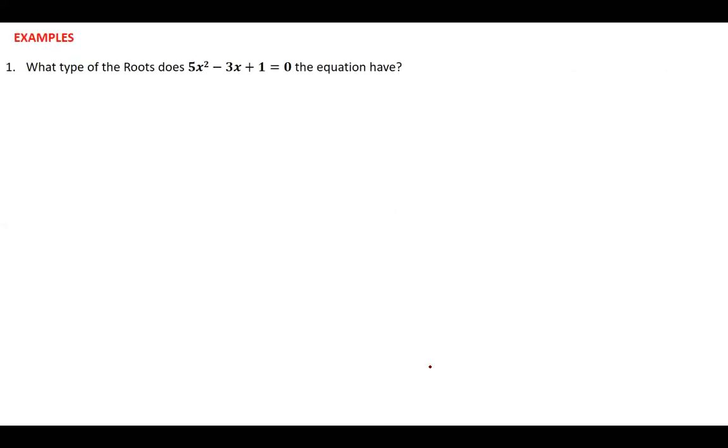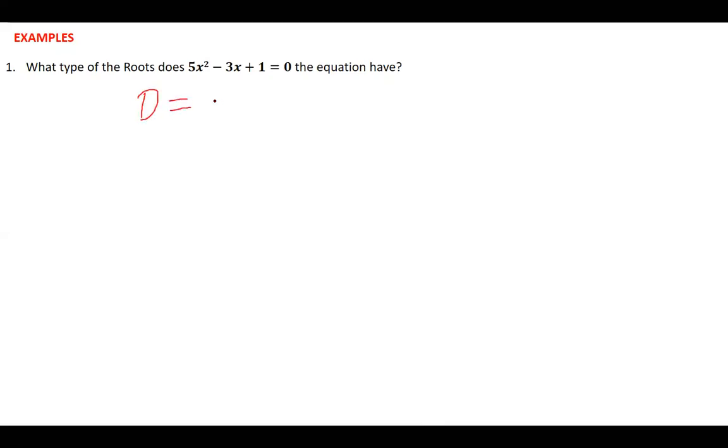So we have this example here. It's saying, what type of roots does 5x squared minus 3x plus 1 equal to 0 have? If you want to know the type of roots that this equation has, you need to test it by using the discriminant.